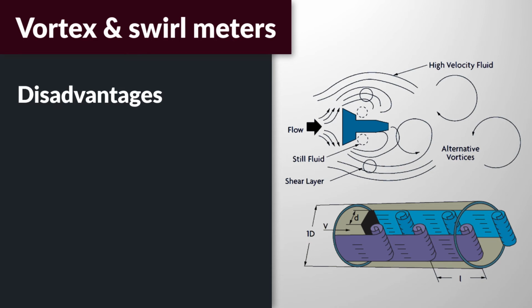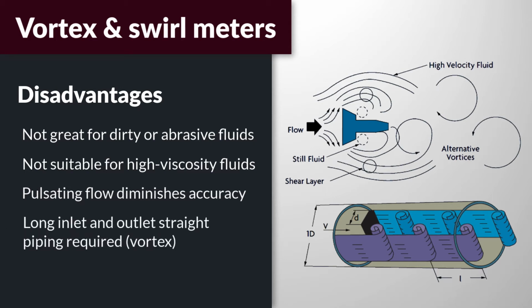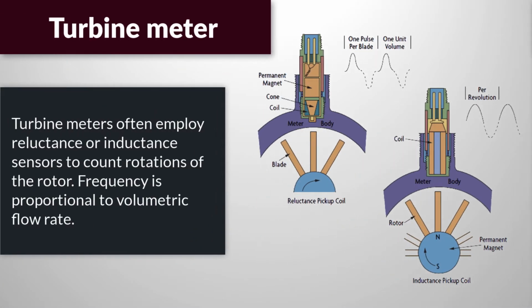Against that, though, they are not great for dirty or abrasive fluids and are not suitable for high viscosity fluids. And their accuracy suffers when subjected to pulsating flows. In addition, vortex designs need long inlet and outlet straight piping runs.